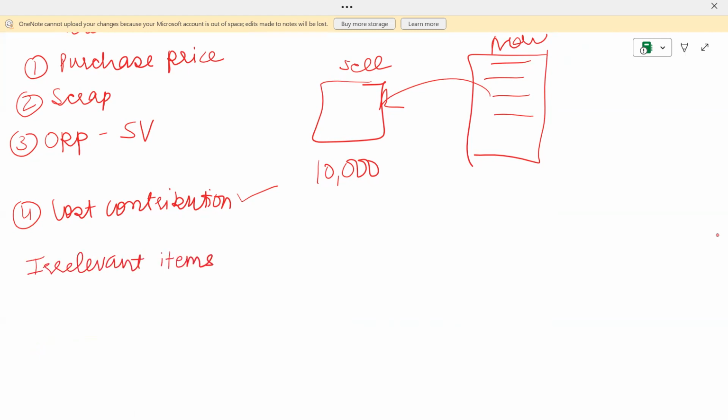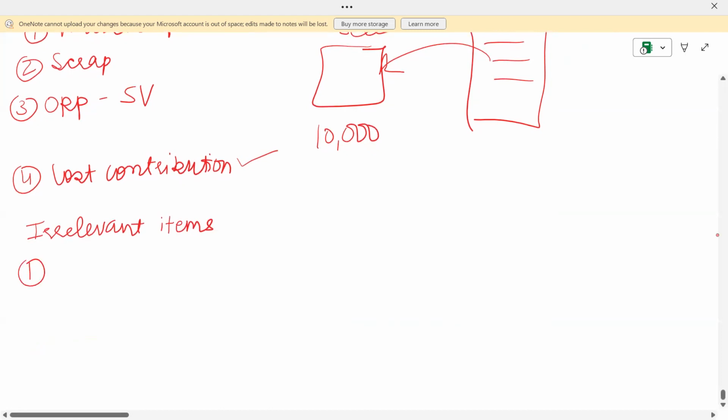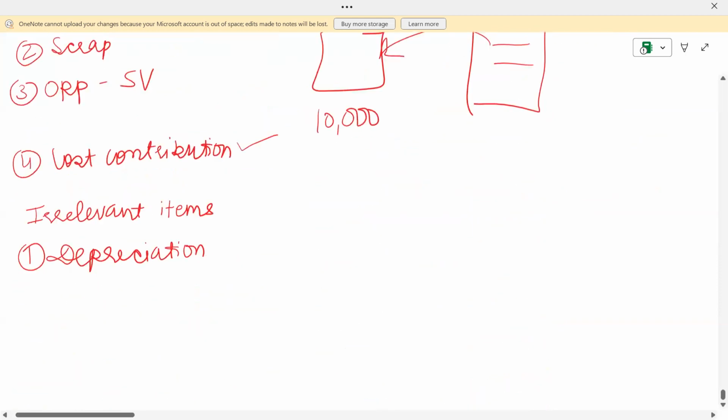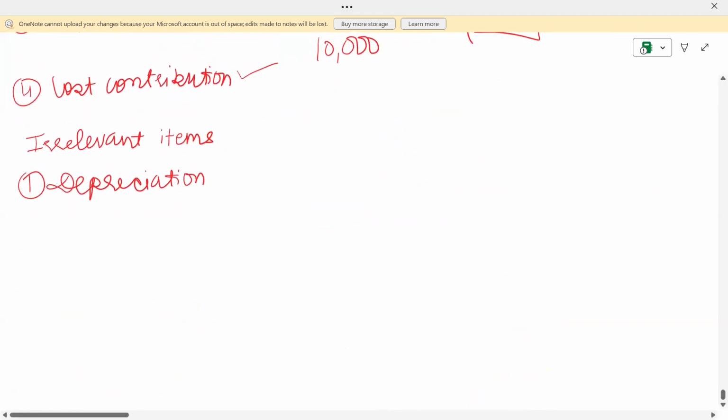If I talk about the irrelevant items, first of all, it's going to be depreciation because, as I have mentioned in the list above, depreciation is a non-cash flow cost. That is why it is not relevant. Then another thing which will be irrelevant is the profit or loss on disposal.